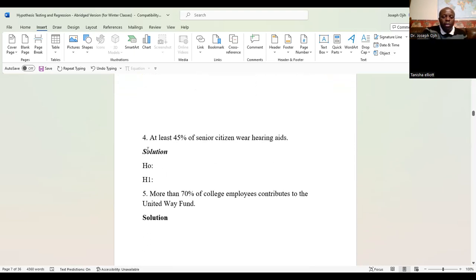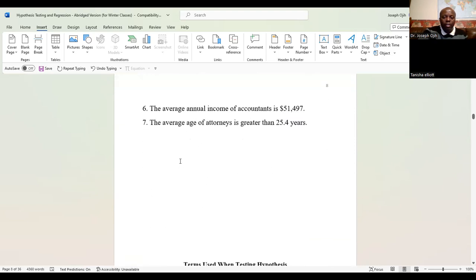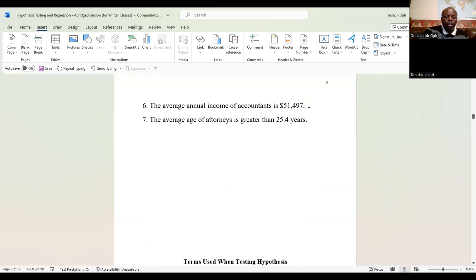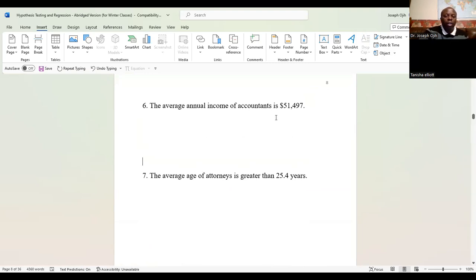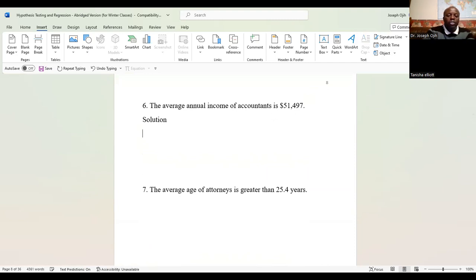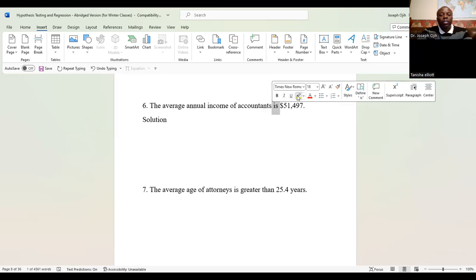Now, we're not going to be doing proportion, so we're not going to waste our time with proportion. Look at this one here. It says state the null hypothesis. This one says that the average annual income of accountants is 51,497.